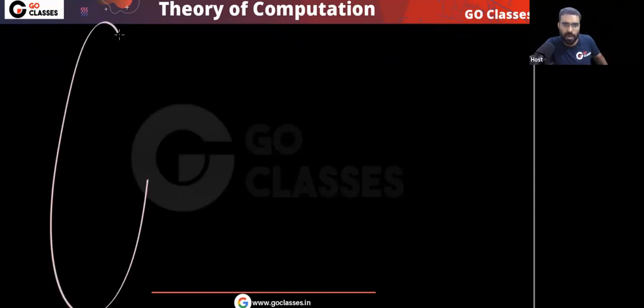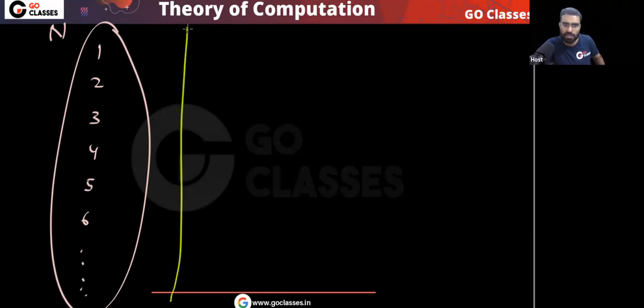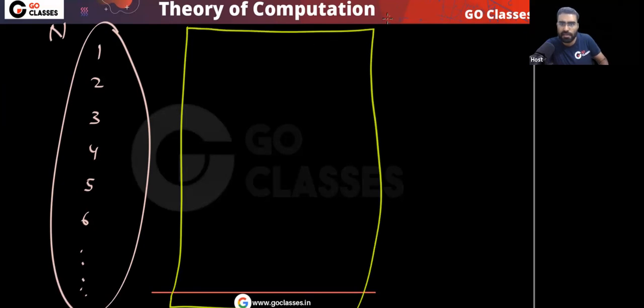Notice what I'm doing. Remember, N is your set of natural numbers: 1, 2, 3, 4, 5, 6, and so on. This is the set S. Now, what should I map to 1?